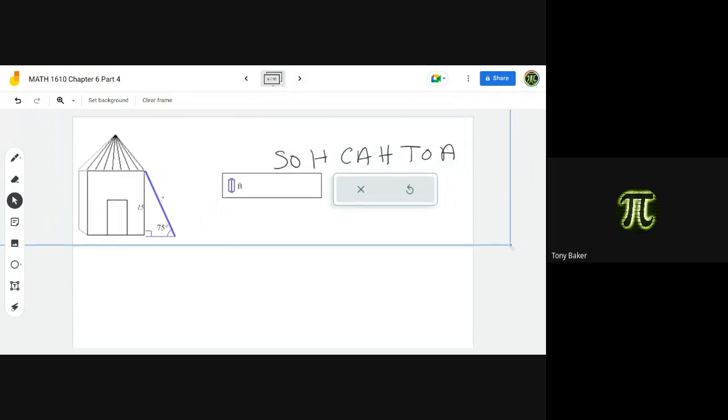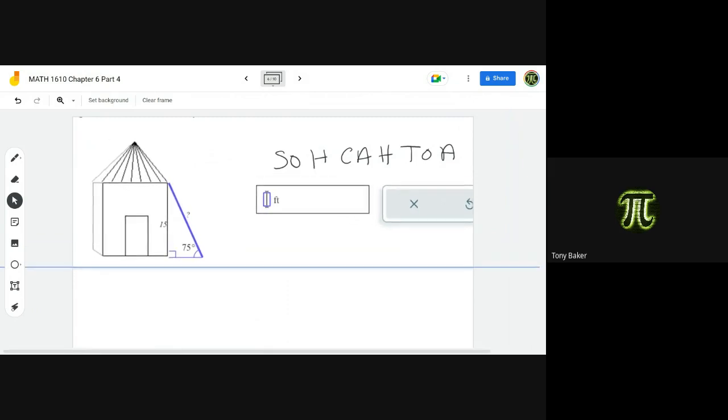So I'm just trying to make the house bigger. There's my bigger house. So we're standing here. So this is my opposite. This is my adjacent, and that's my hypotenuse. Your hypotenuse is always across from you 90 degrees. Your opposite is always across from where you're standing, and the adjacent is next to where you're standing.